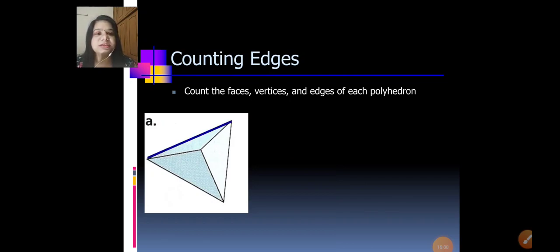I am going to mark the edges. So here the line segments are drawn with different colors. These are the line segments where the faces of this tetrahedron meet. So these are the 6 straight edges. These are the 6 edges of a triangular pyramid.